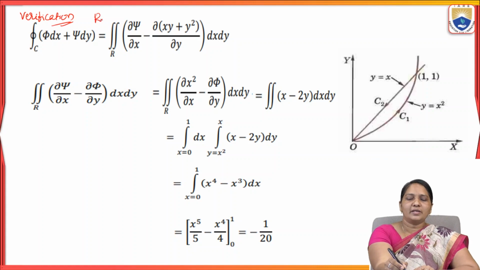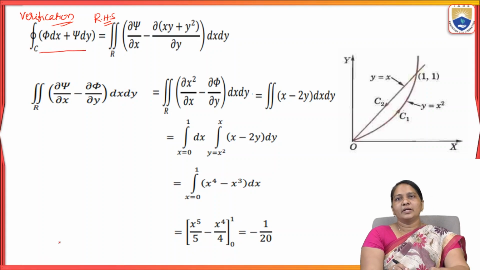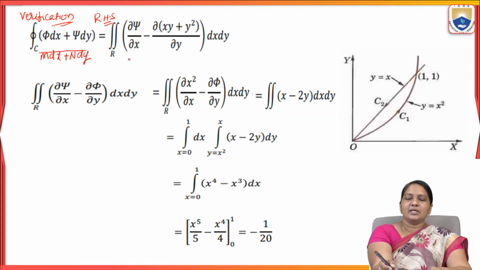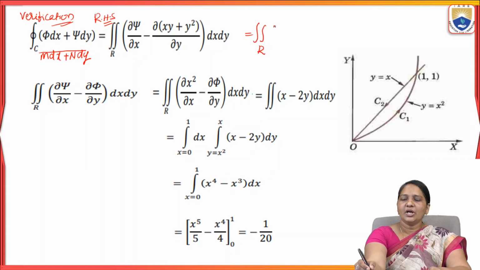So this is the RHS part. According to Green's theorem, the integral of M dx plus N dy is equal to the double integral over R of (dou N by dou x minus dou M by dou y) dx dy.